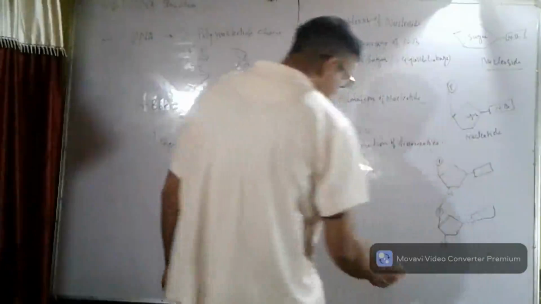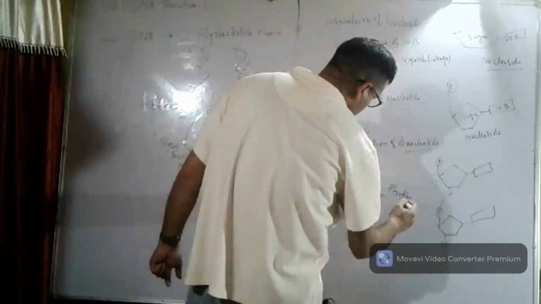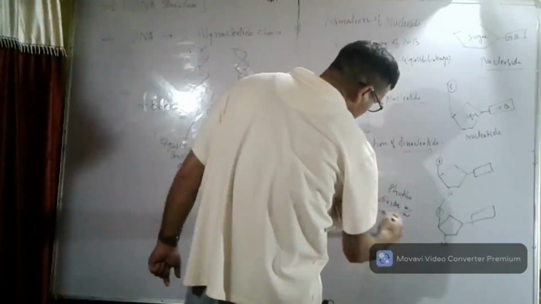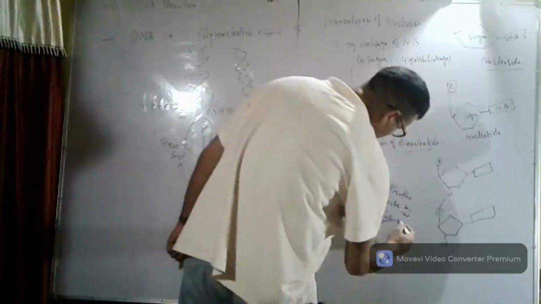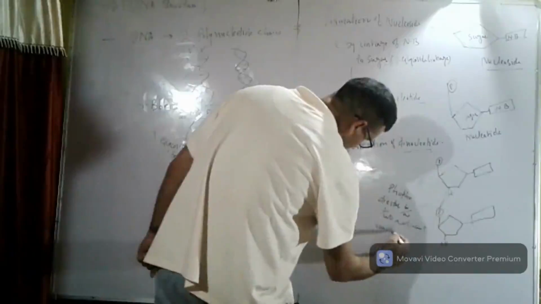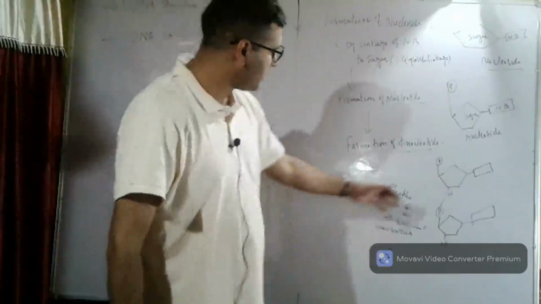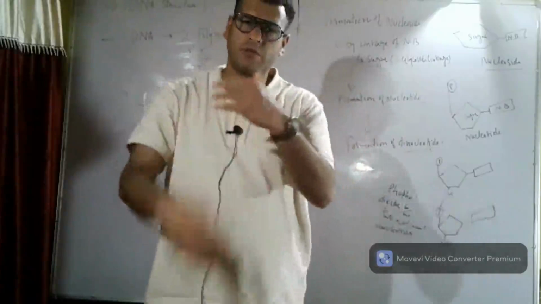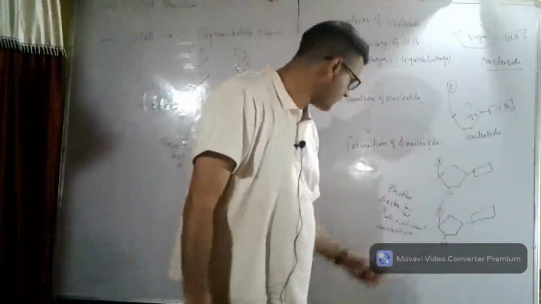Phosphodiester bond, between two adjacent nucleotides. So a dinucleotide is formed when two nucleotides get linked by means of a bond that is called as phosphodiester bond.